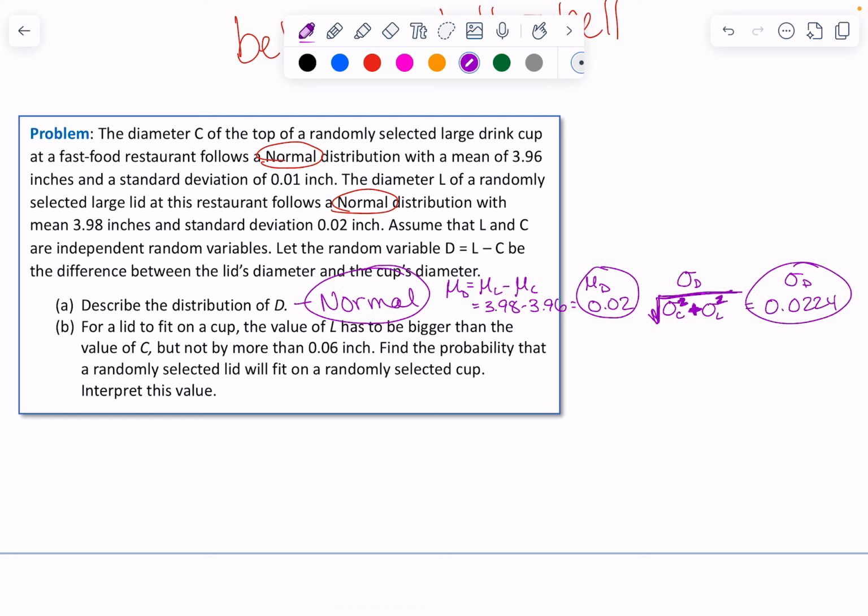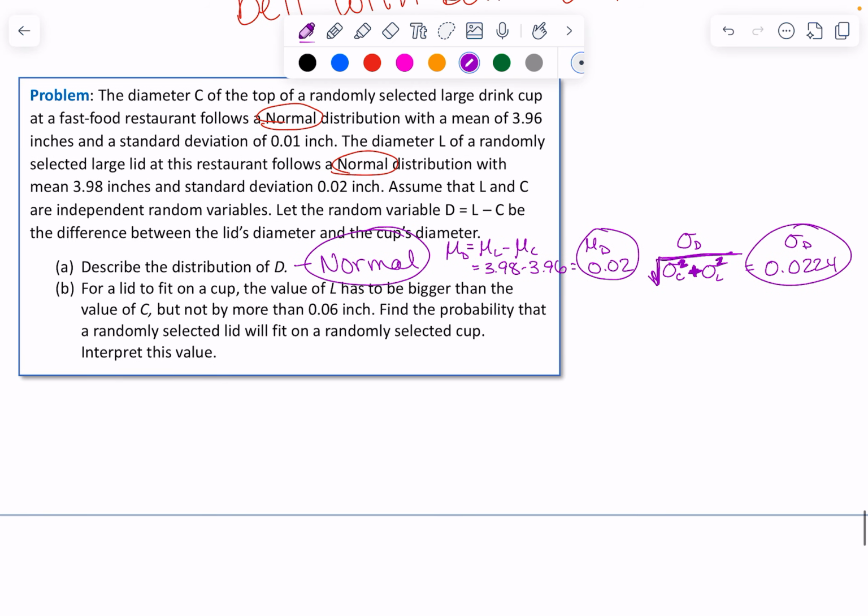Okay. For a lid to fit on a cup, the value L has to be bigger than the value of C. So when we do L minus C, if L is bigger, that means our answer is positive. So it's bigger than 0. But L can't be bigger than C by more than 0.06 inches.